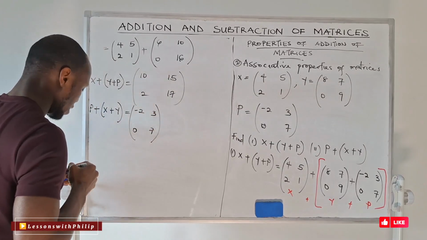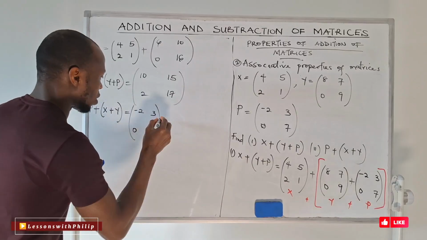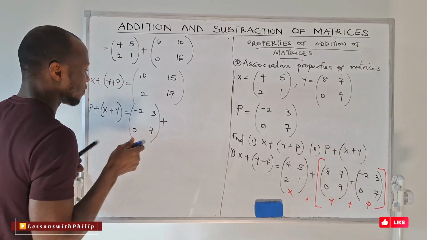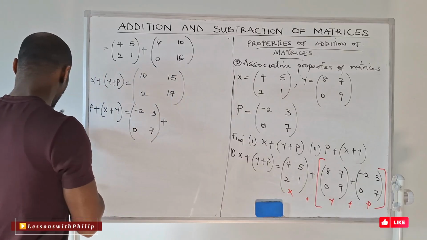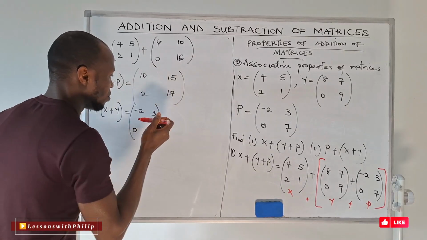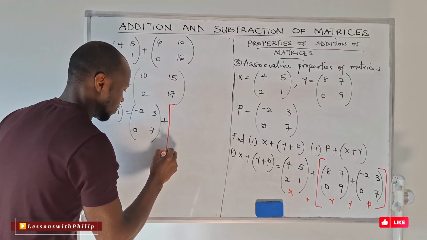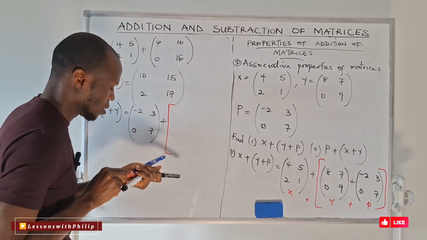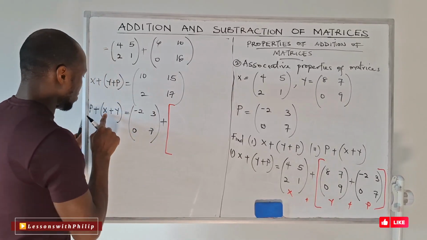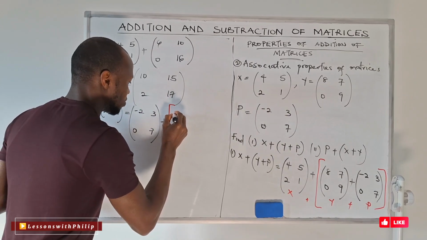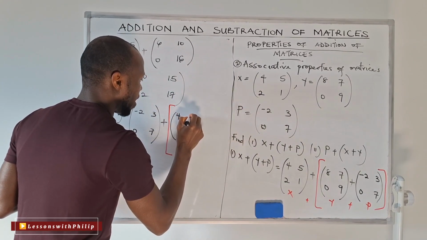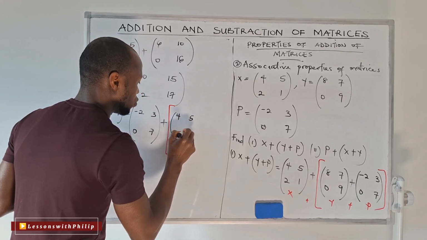Then plus, we have the big brackets. Let me use another pen to specify that. Then what is my matrix X? My matrix X is 4, 5, 2, 1.